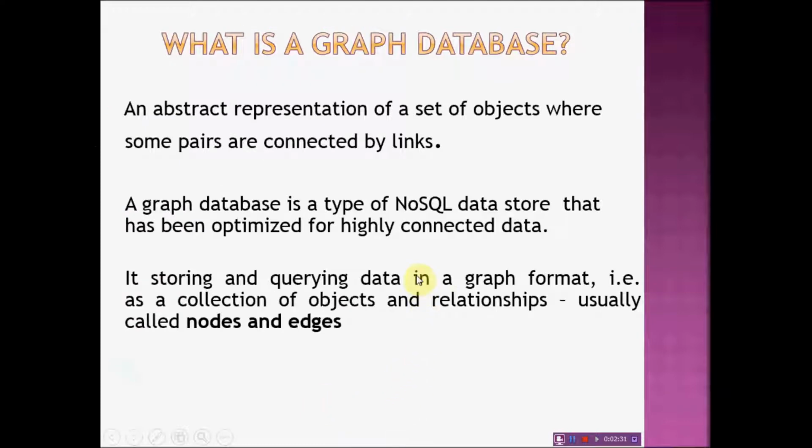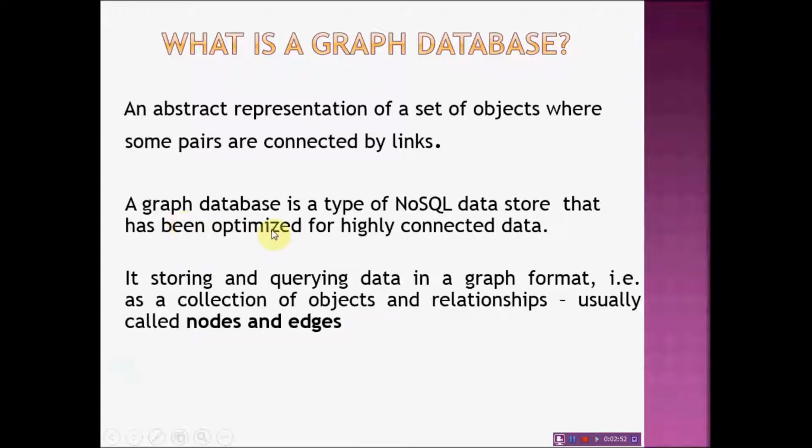What is a graph database? An abstract representation of a set of objects where some pairs are connected by links. Usually the objects are nodes and the links are edges. So nodes connected by edges with relations is called a graph database.